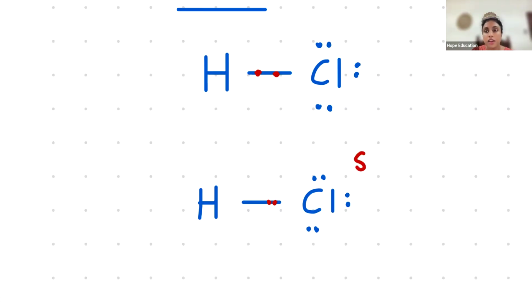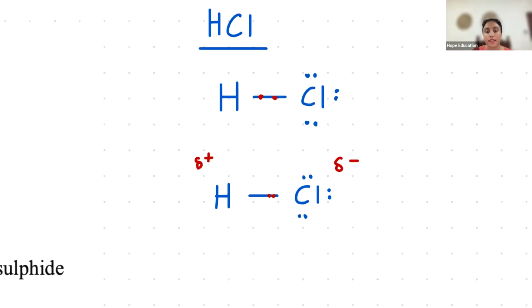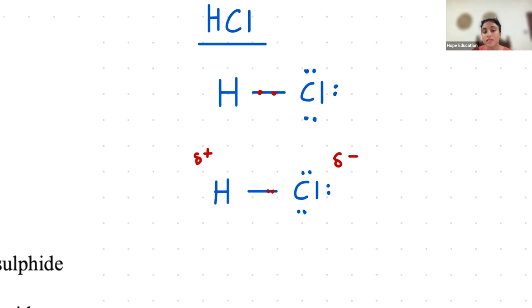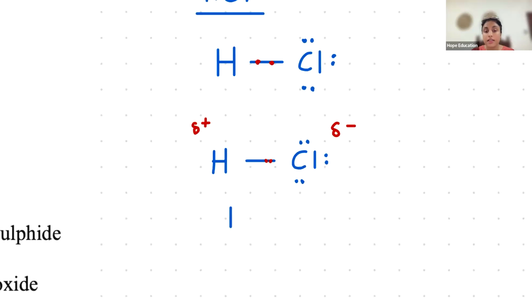This is not an actual negative charge, because the electrons have not detached and moved to chlorine. They are just closer to chlorine, so it gets a partial negative charge. Compared to that, hydrogen has a partial positive charge. This kind of charge separation is what we call polarity. Since there is a charge separation here, this is a polar molecule.